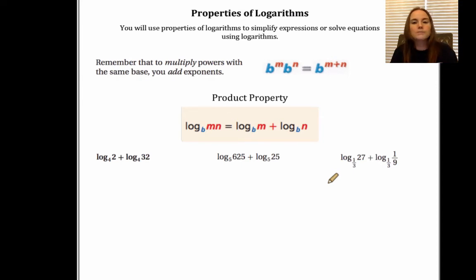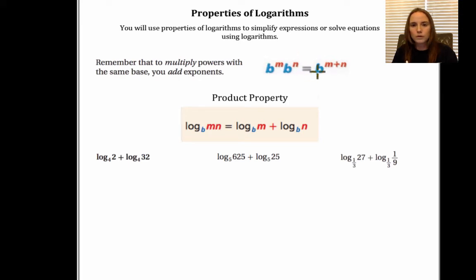Okay, so the first thing is that if you remember, logarithmic functions and exponential functions are inverses. And because they are related, they're very similar in the properties that they use. So if you had exponents, in order to multiply, as long as you had the same base, you could add the exponents.